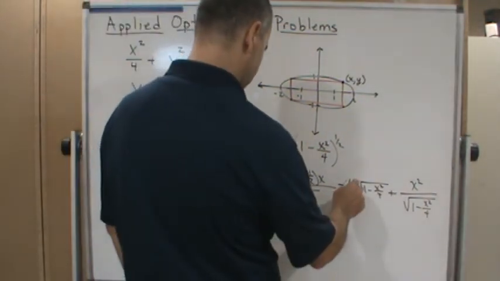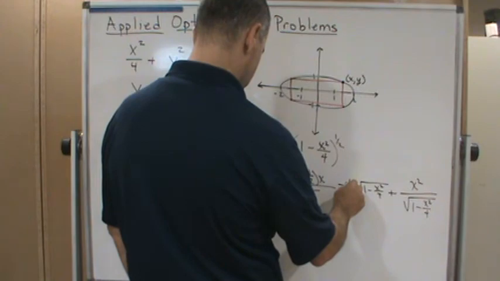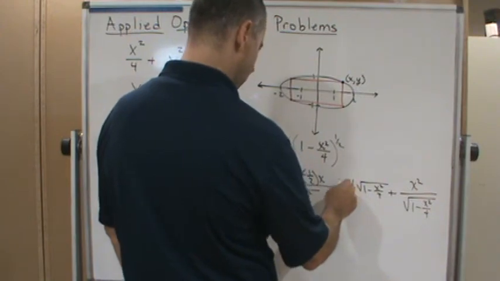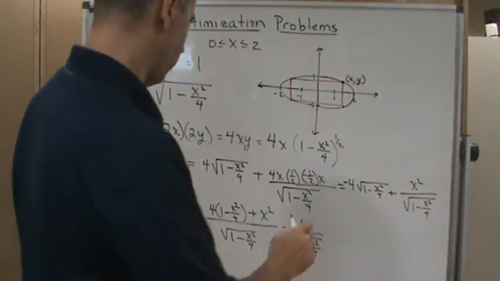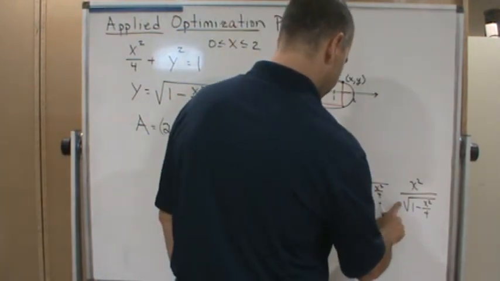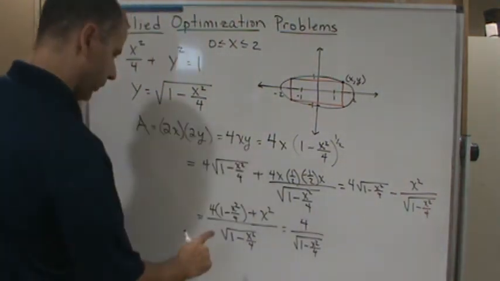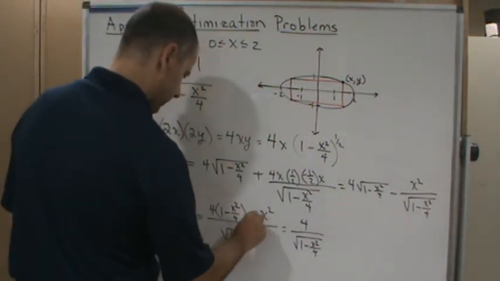Okay, so that'll give me negative 4. Or no, that's fine. This would be minus. Okay, so then this is going to be minus.